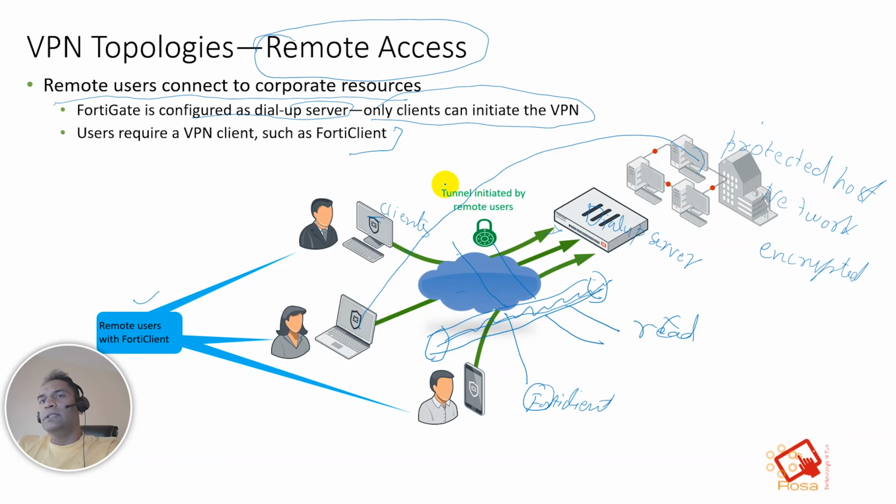So this is the remote access VPN tunnel from a user's device to the FGT, and the data between the client and the server is encrypted by using the encryption protocols that are part of the IPsec exchange and that were negotiated at the beginning of the tunnel. So the user will be authenticated and then the tunnel will be established.